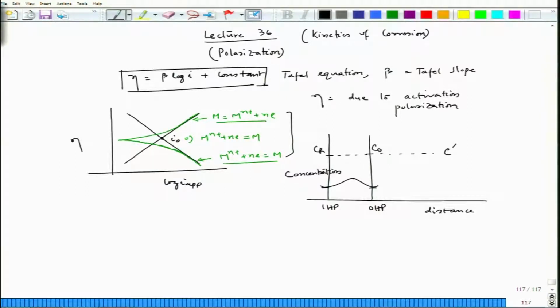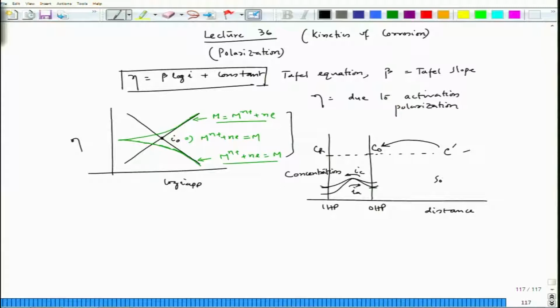So, in this case, this is the situation where we have IC to be more than IA.